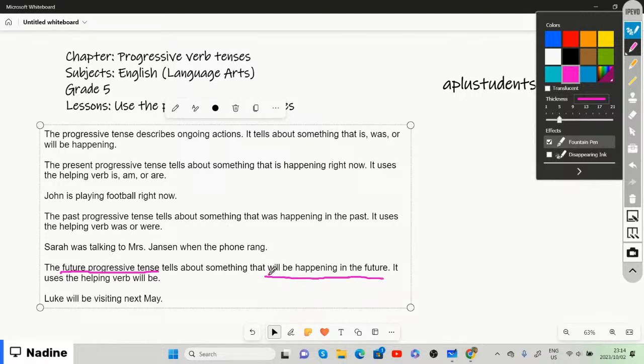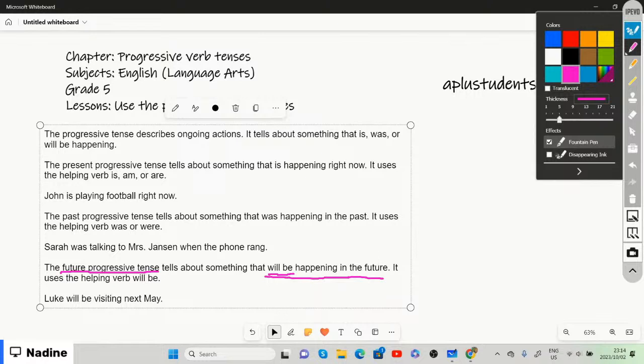Whenever we see will be, we must know it is in the future, because it must still happen, right? So it will happen, it will be happening. The future progressive tense tells about something that will be happening in the future.